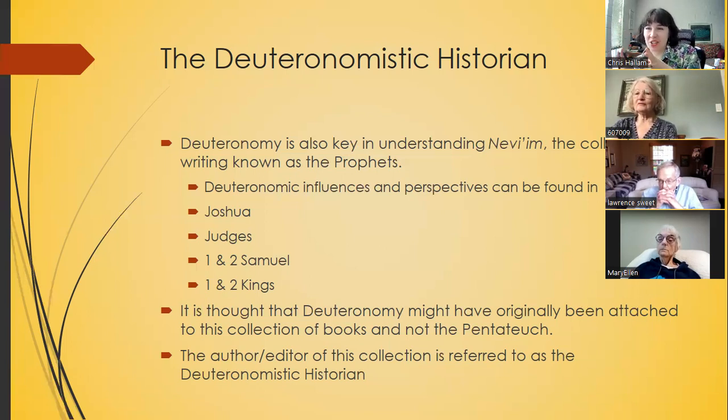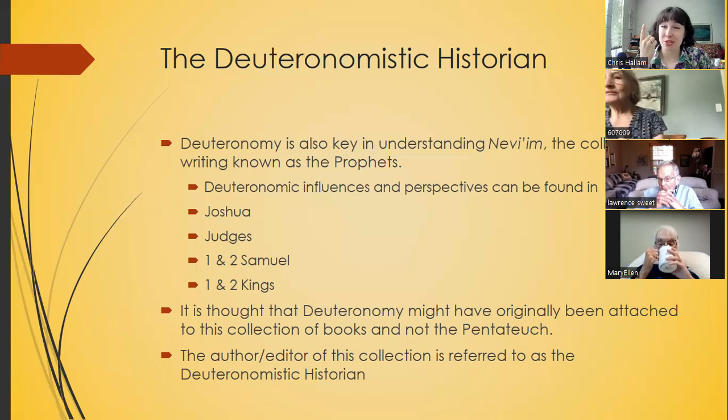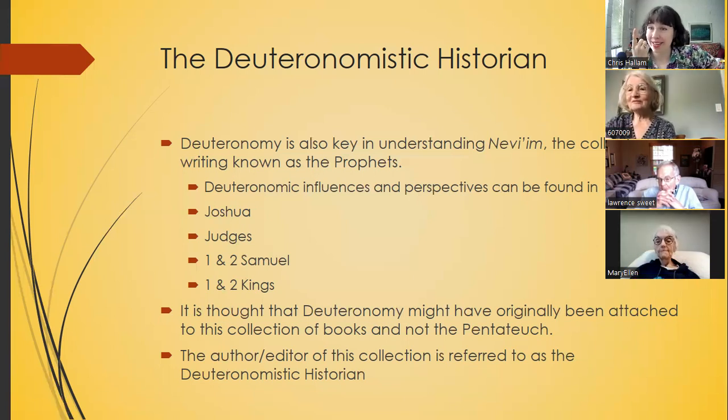The Deuteronomistic historian is the person who is seen to put all of these together. The interesting part about all of this is, remember talking about all of the sources back in Genesis, that we had the northern source, the southern source, the priestly source, and the Deuteronomistic historian.